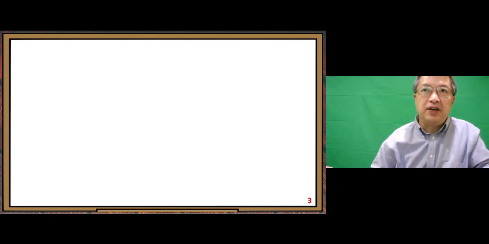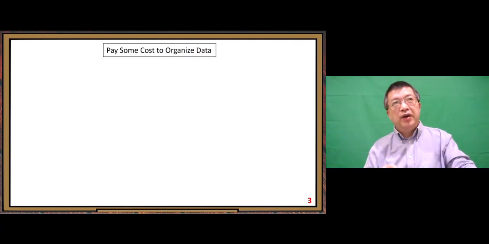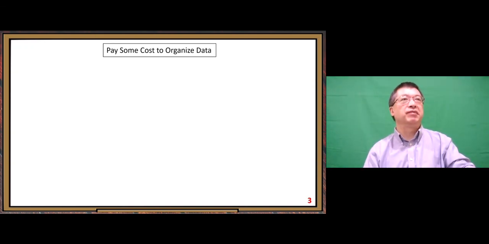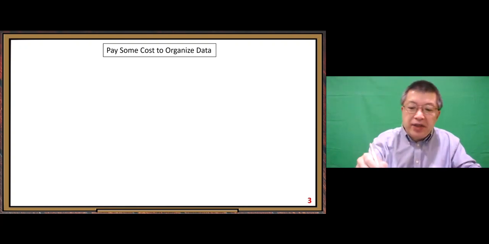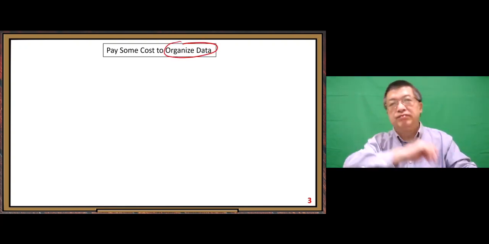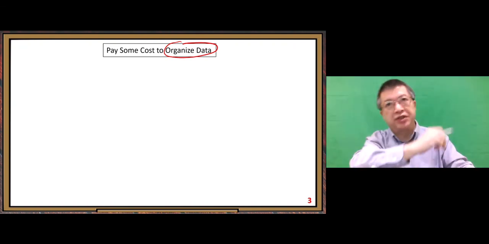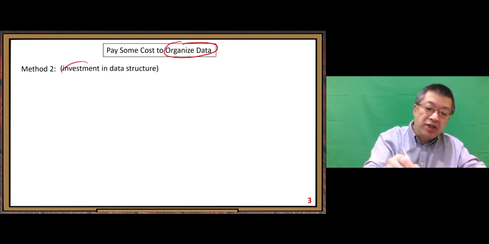Let's look at our second method. In our second method, we pay some cost to organize data first. To do that, you need to pay some reasonable cost. So we will have an investment step.